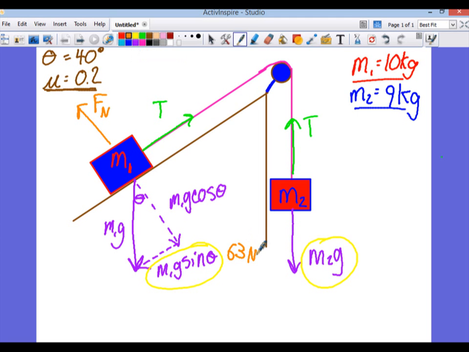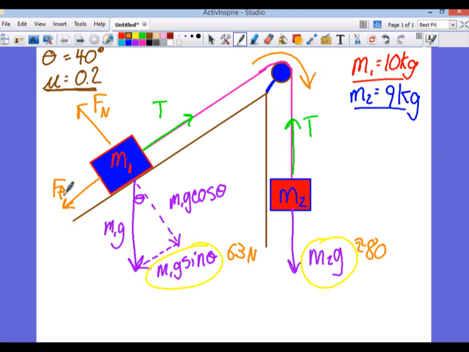M2 is 9 kilograms times 9.81. Okay, so that's like 80 something. And I can see that M2G is the larger force. So that means our system is going to go around our pulley that way. And that means because friction opposes us, our force of friction will point down the ramp.